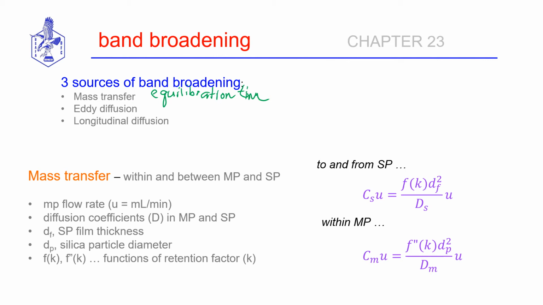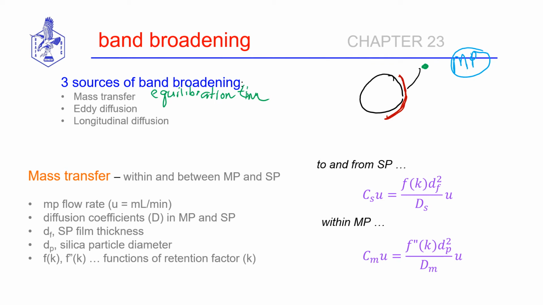So once again, if we had a silica particle and there's a stationary phase material on the surface, and our molecule is out here in the mobile phase. Mobile phase is out here. So it's going to spend some time moving within the mobile phase.